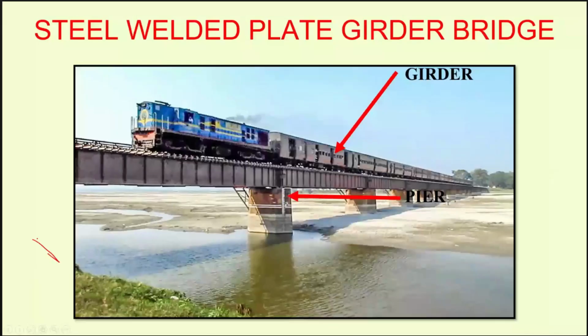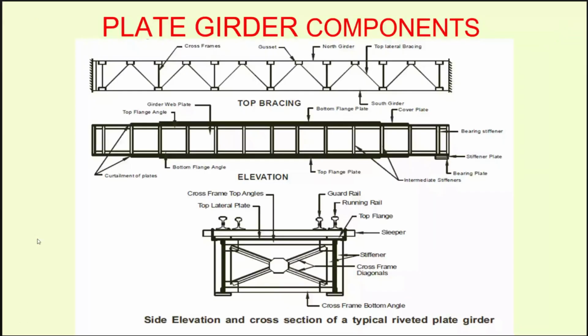Then comes the detail about the plate girder bridges. In that, we will be having two I-girders, one I-girder here and another I-girder. And these two I-girders are joined by the cross bracings or the cross frame. This is the cross frame.